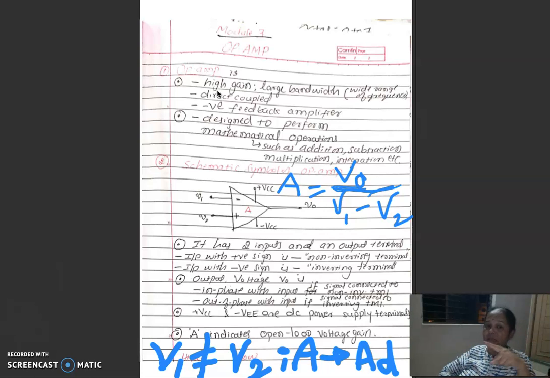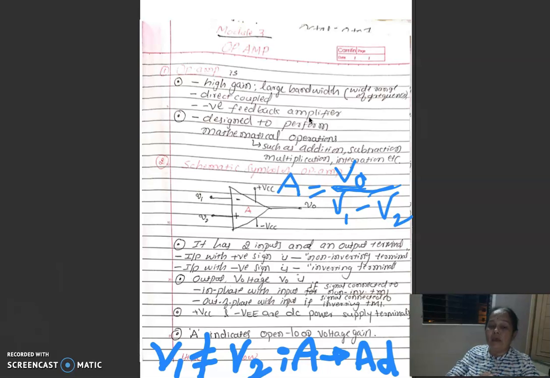Negative feedback means the portion of the output that is fed back to the input is going to increase the performance of the amplification. Means it is going to deal with the various advantages like high gain, large bandwidth. All these are the things we are going to have only because of the negative feedback amplifier.